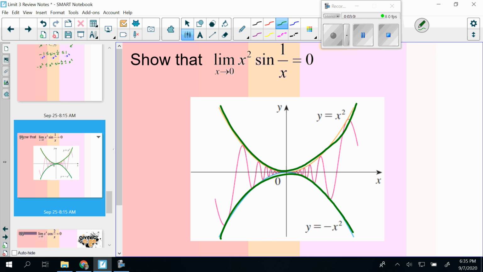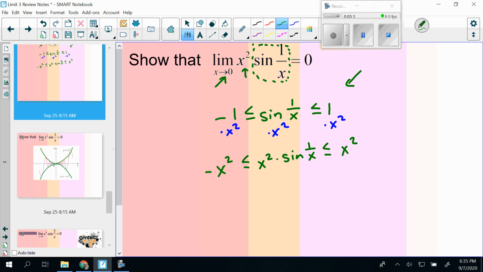Okay, so now we want to show what's the limit of all these functions as we approach 0. So now we're going to add in the limit part. What's the limit as x approaches 0 of the function we're trying to look at here, which is x squared times sine 1 over x?